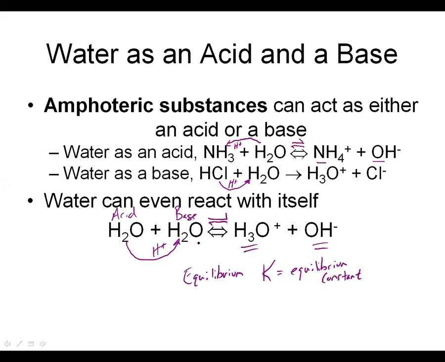At some point, the rate of that forward reaction will equal the rate of the reverse reaction when you have these reversible ones. That is what is meant when we talk about something coming to chemical equilibrium: as fast as it goes to the product side, it is just as fast coming back to the reactant side. And what that does is, for water, creates an equilibrium.